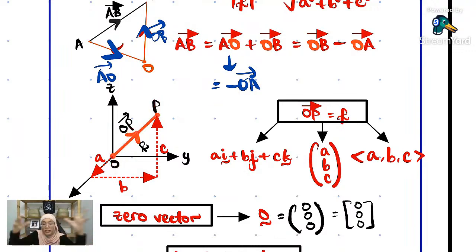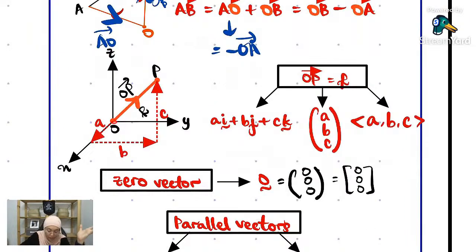3D, 3 dimension punya ada paksi X, paksi Y dan paksi Z. So actually the point P is here, you know. So in order to get the direction from O to P, perjalanan ni agak panjang sebenarnya.